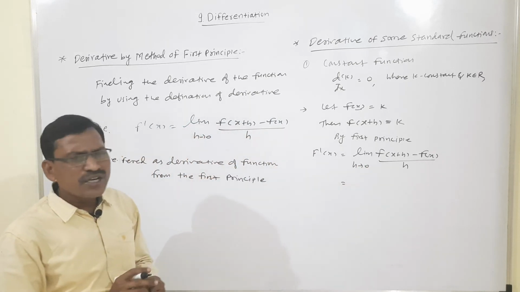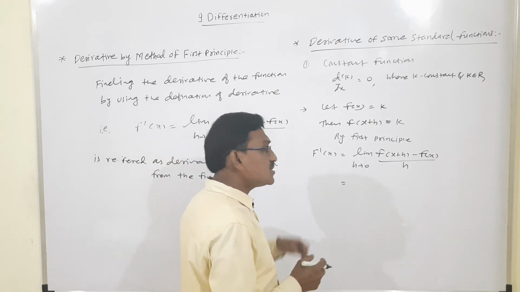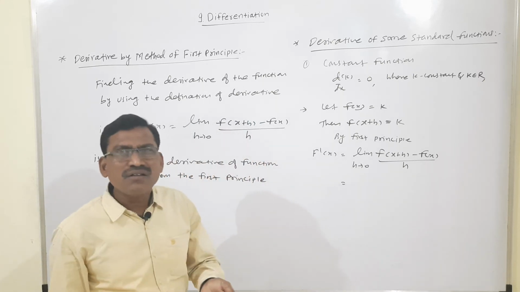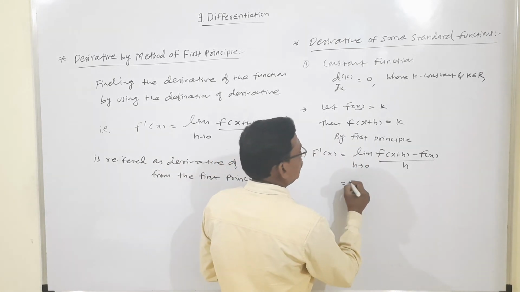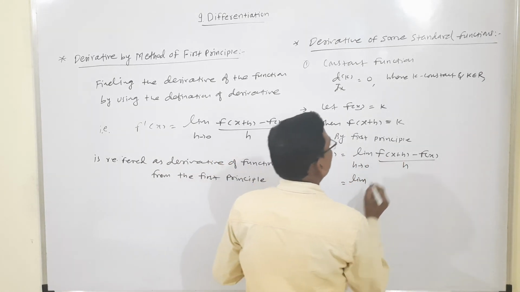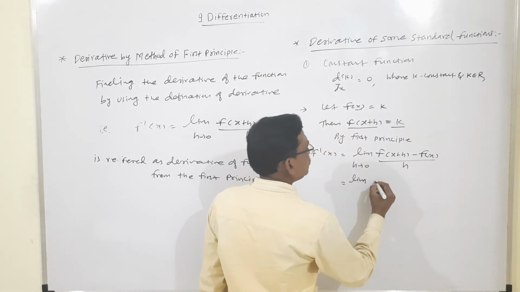So here finding the derivative of that function means we have to find the limit of that function. That limiting value is called the derivative of that function. Right? So therefore, put here the value of f of x plus h. The value of f of x plus h is k.